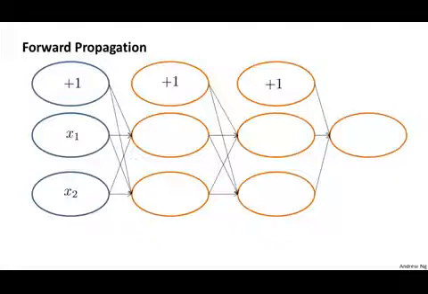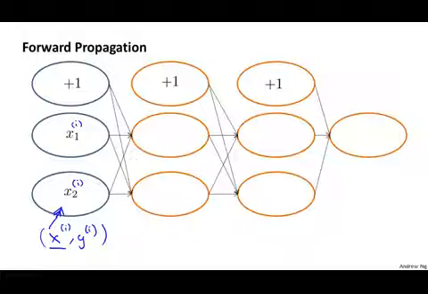When performing forward propagation, we might have some particular example, say (x^i, y^i), and this x^i we feed into the input layer. So x^i_1 and x^i_2 are the values we set the input layer to.